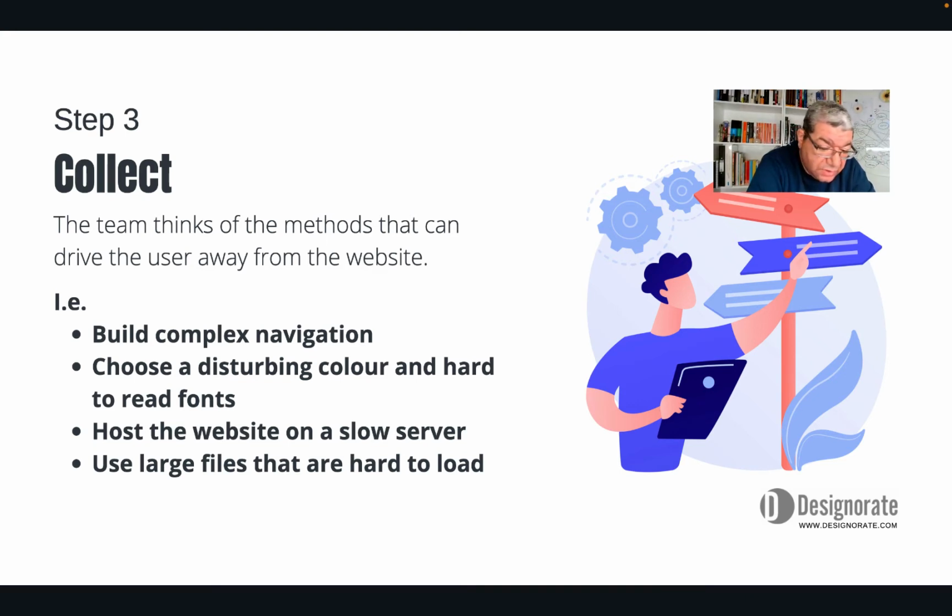Then we can think in different directions, such as complex navigation, disruptive colors, hard-to-read fonts, slower servers, large files that are hard to load, and similar things. This obviously changes based on the problem you are defining. It is just an example to see how the user experience may become horrible.